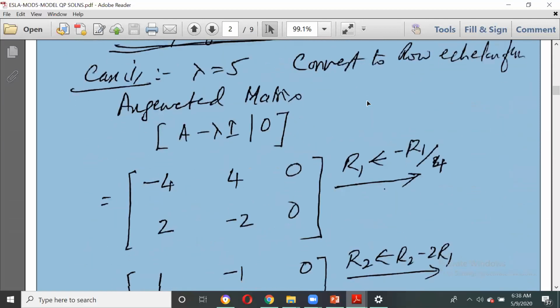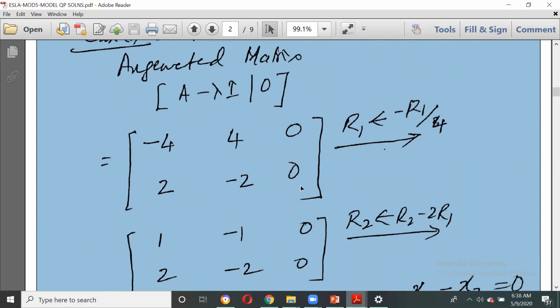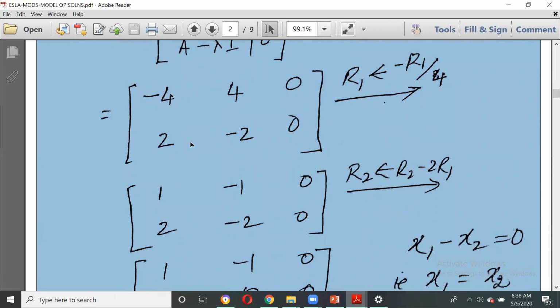And that is what we have here. And 0, 0 for the augmented matrix. Even if we don't write this, it is all right. So having done that, now R1 is replaced by minus R1 by 4. So we are just dividing this by 4.